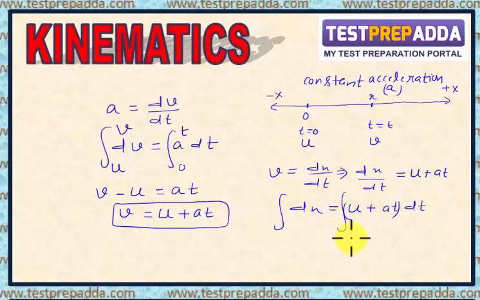We have already said that at time t equal to 0, the particle is at position 0, and at time t, the particle is at position x. When you integrate, integral dx is x, limit is 0 to x, so it becomes x minus 0, and that is x. This side, it will be ut plus, this is t dt, so t square by 2, and effectively when you apply the limit, it becomes half at square.